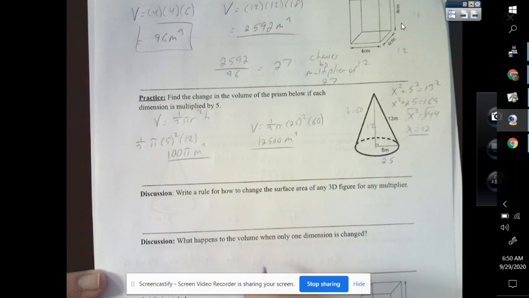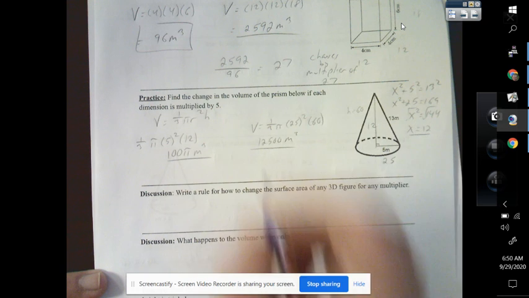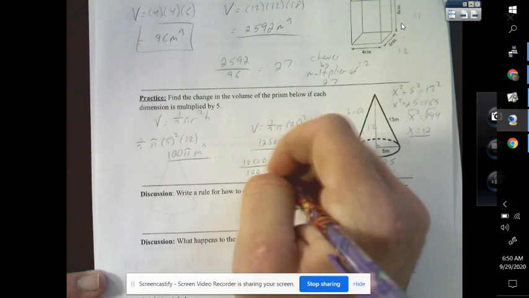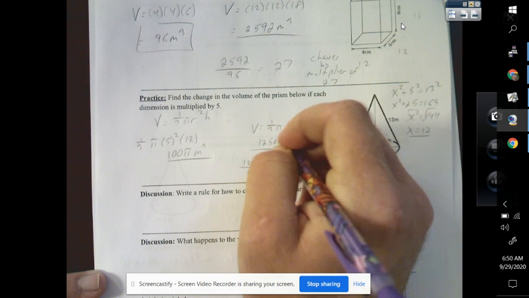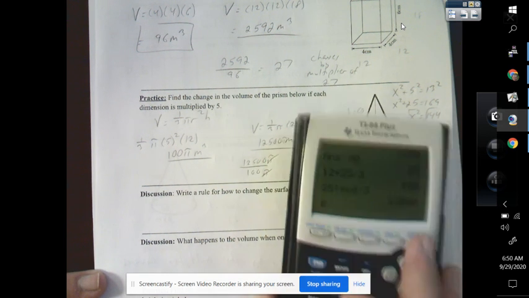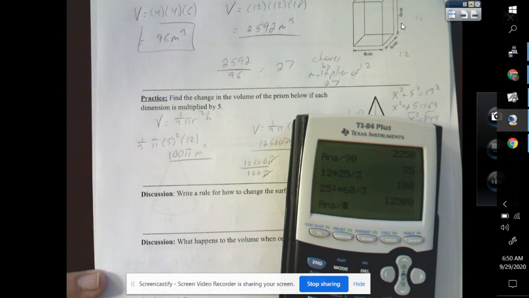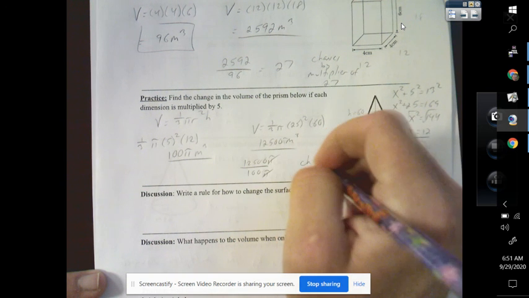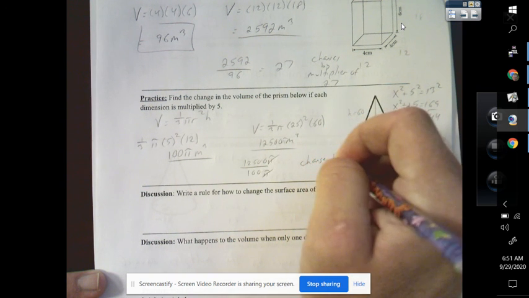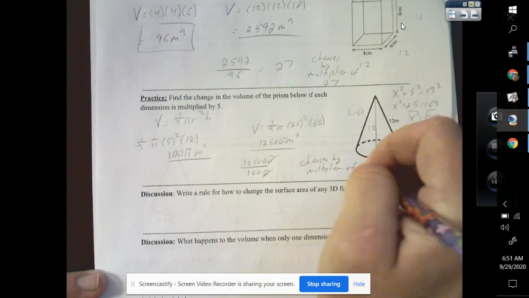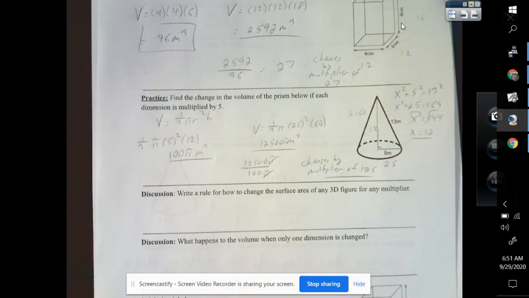Same idea, I want to see how it changes. So I'm taking 12,500 divided by 100, because the pi's are going to cancel out. 12,500 divided by 100 is 125. It changes by a multiplier of 125.